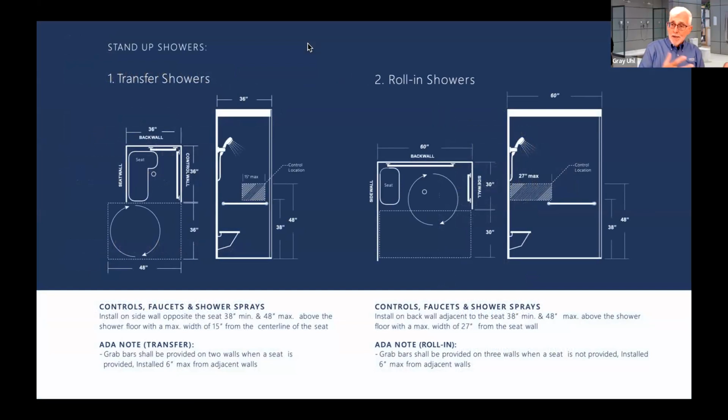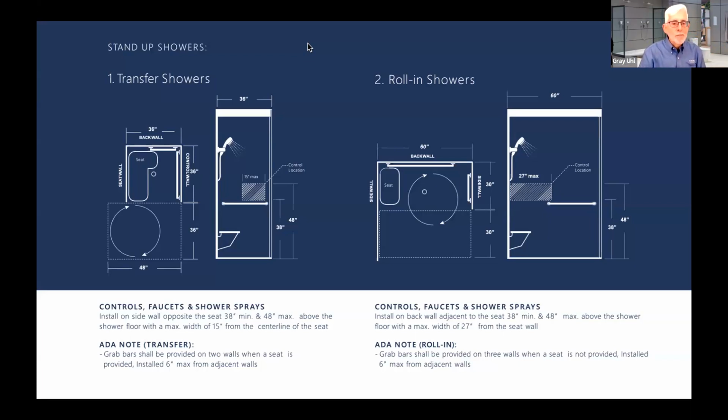If you're limited in your mobility, if you use a wheelchair, there are 2 basic types of showers. There is the transfer shower, where you have room to move your wheelchair up to the shower, and then you transfer into the shower. You get out of your wheelchair and slide over onto the seat. The other type is a roll-in shower, where you physically roll your wheelchair into the shower space.